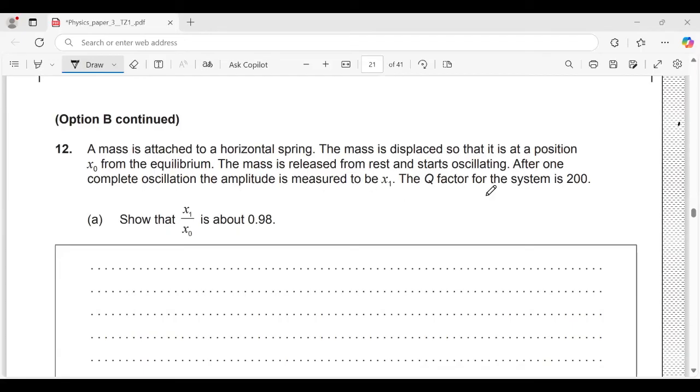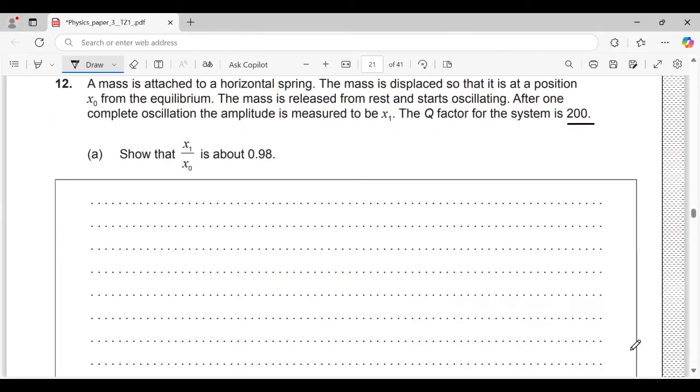The Q factor for the system is 200. Show that x1 over x0 is about 0.98.